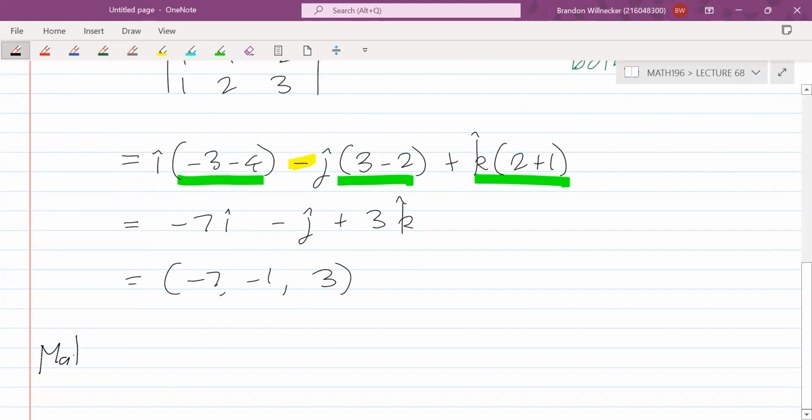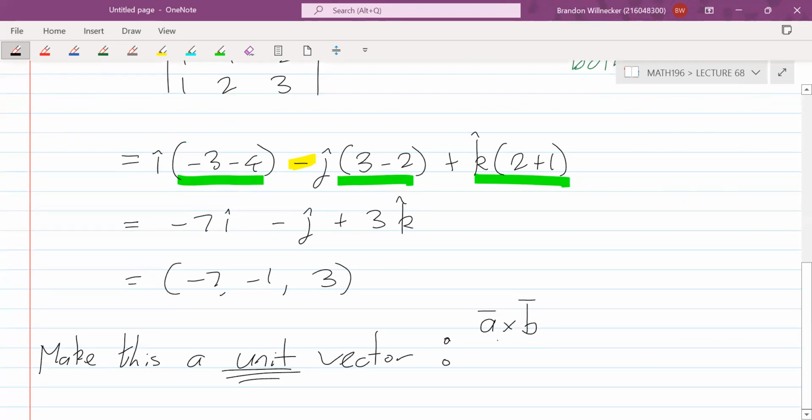We do that by taking A cross B divided by the length of A cross B, and that will be a unit vector. Let's call it n hat, n for normal. Remember the hat means it's a unit vector.